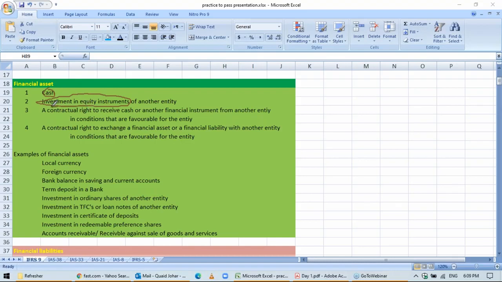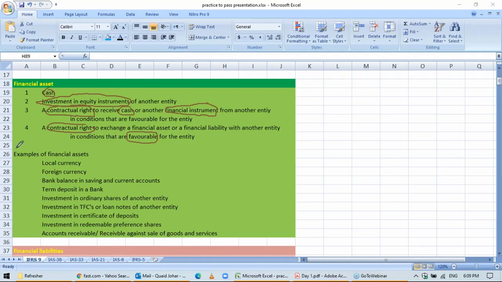Then the financial asset also includes contractual right to receive cash, like the receivable, or another financial instrument from another entity, or a contractual right to exchange a financial asset. But the important thing is that the condition should be favorable for the party, then it is a financial asset. If the exchange results in adverse or unfavorable conditions, then in that case it will be a financial liability.